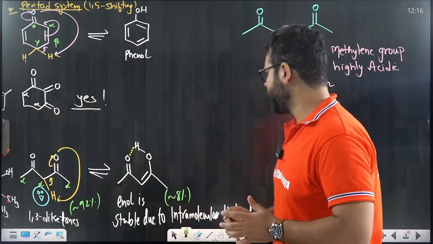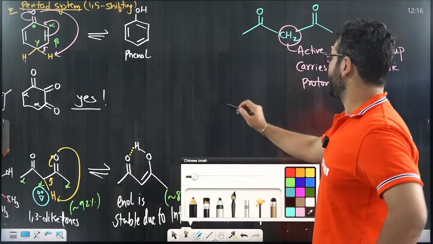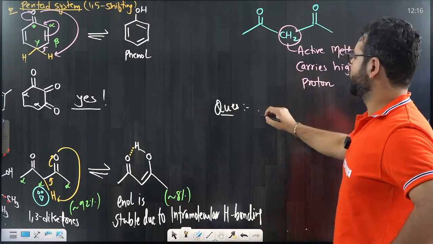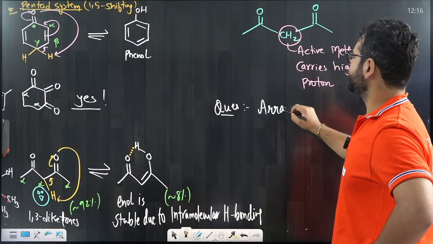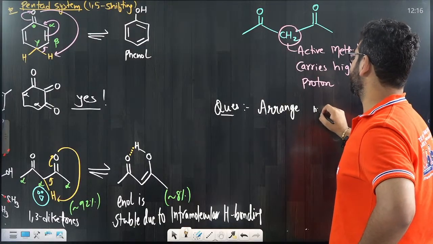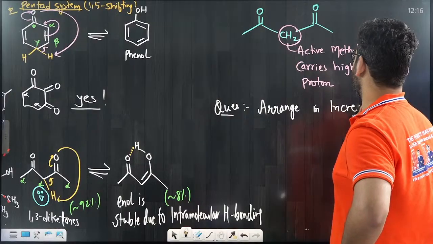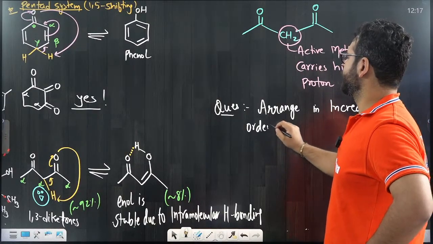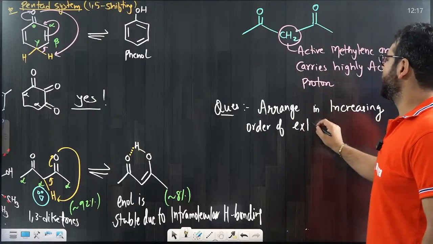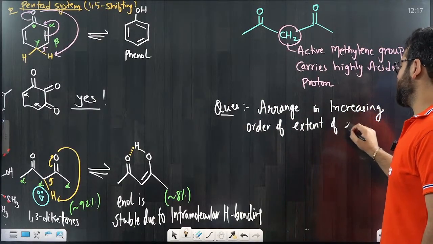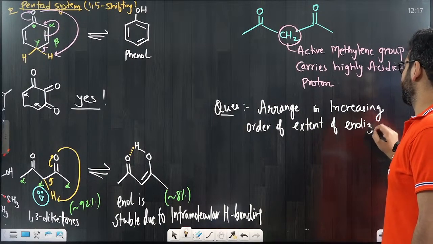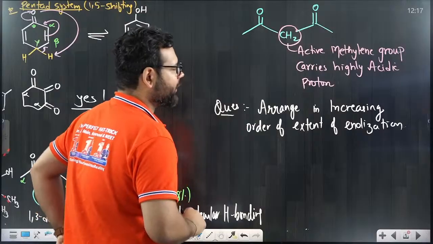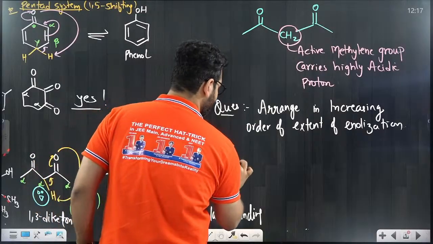So a question can come like this. Arrange in increasing order of extent of enolization.